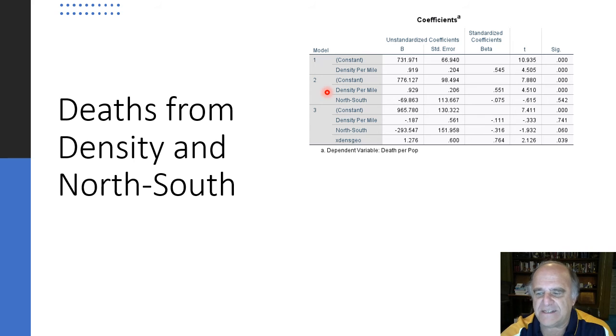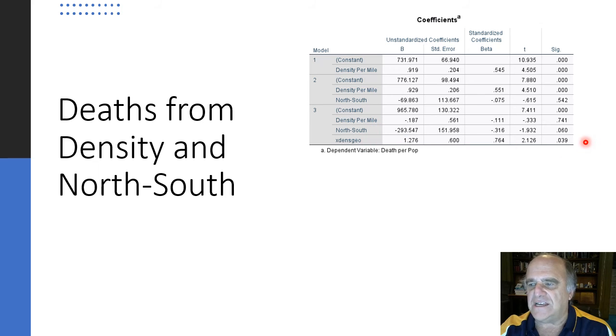When we put in density per mile and geographic region, remember this R-squared change was not significant. And actually, north-south is not significant either. Now, when we put in the interaction, we find, hey, we do have moderation. We were right. Geographic region moderates or interacts with density per mile.